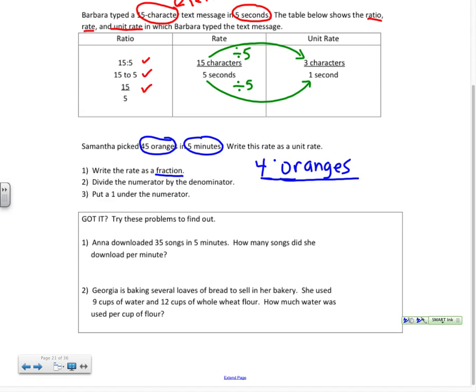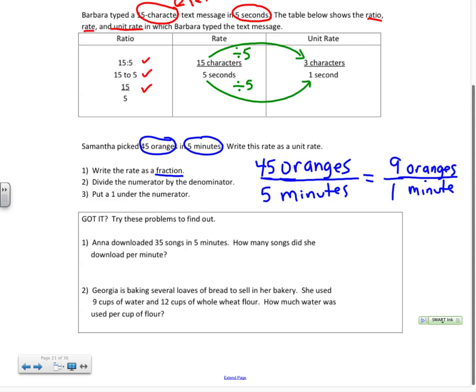So she picks 45 oranges in 5 minutes. Okay, I want to do that as a unit rate. So I could look at this bar as a division bar and just say 45 divided by 5 is 9, and put a 1 under it because 1 is units. So she can pick 9 oranges in 1 minute.